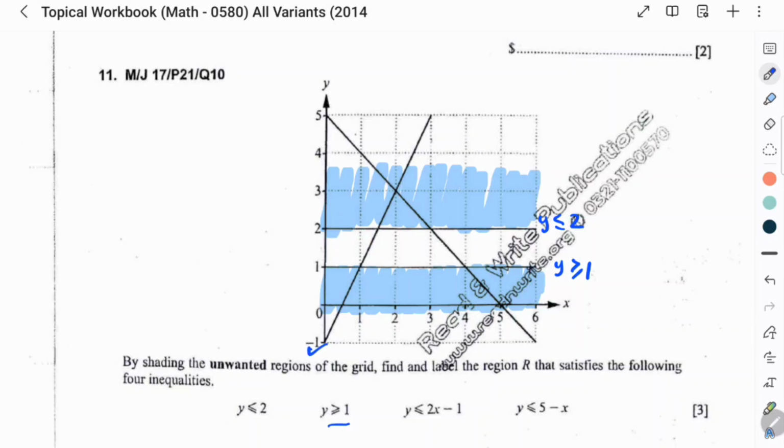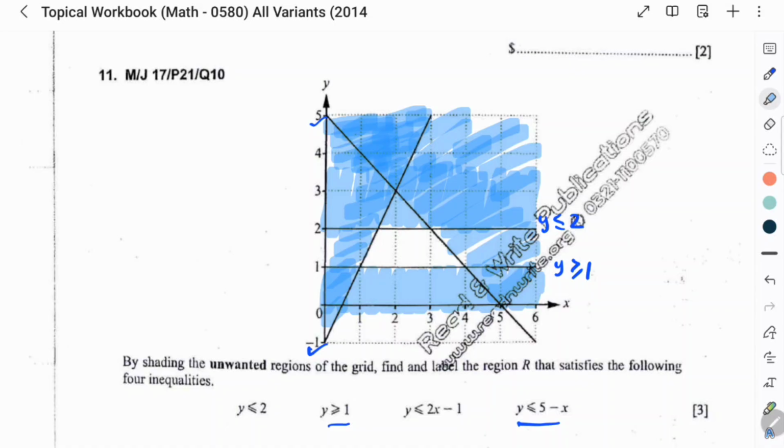Less than means the region is below the line, so you will shade above the line. Then afterwards the next line is y is less than or equal to 5 minus x. Because your y-intercept is 5 and the gradient is negative, the region is below the line, so we will shade above the line. So we found the region R here.